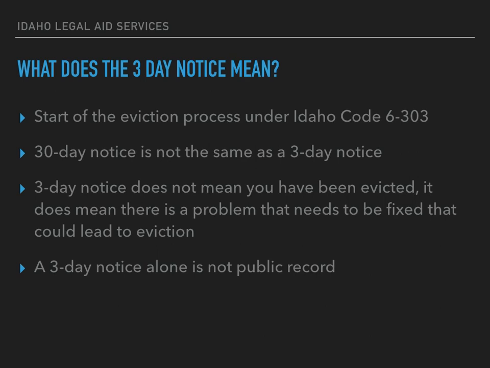And that's not necessarily an eviction notice, and it's definitely not the same as a 3-day notice in this situation. A 3-day notice here is just saying, hey, there's a problem, you're behind on your rent, and it needs to be fixed within 3 days, otherwise I'm going to take other action.